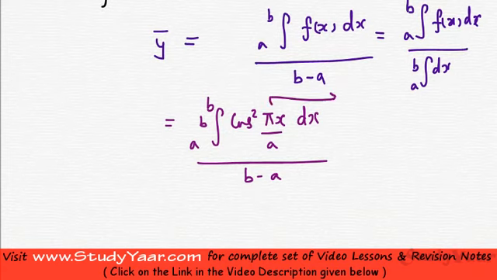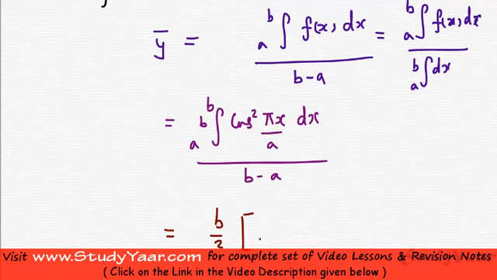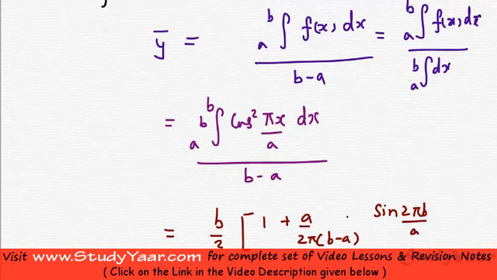You could convert this into cos 2 pi x upon a form, and then you can easily integrate this particular interval. The answer that you are going to get finally is b by 2 times 1 plus a upon 2 pi into b minus a into sine 2 pi by a into b.